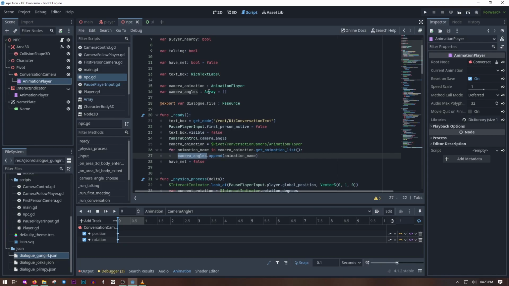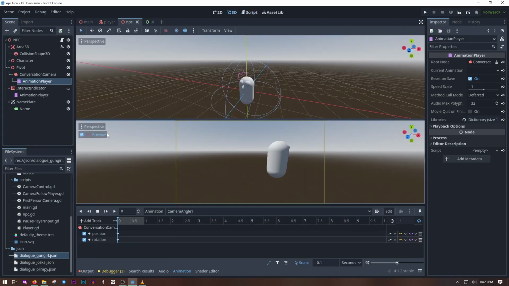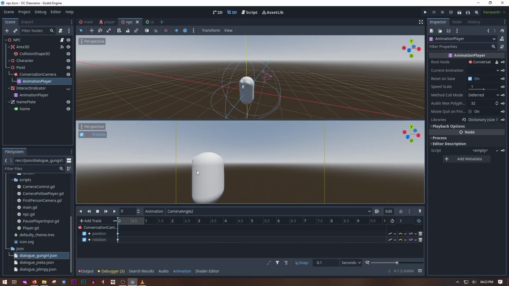Camera angles is the name of the array. So it's empty to start with. It fills it up with the list of animation names in this. We've got 4. I'll look at those. So in 3D, got a preview. This is backwards for some reason, but it works. Usually the eyes and nose would be on the other side.